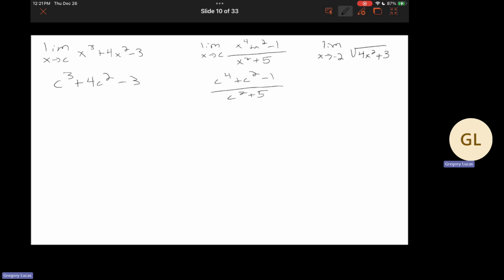And when we plug in c for these first two, we can imply that we plug in negative 2 now. So I'd have 4 times negative 2 squared plus 3. That would give me 4 times 4 is 16 plus 3, which would give me the square root of 19. So let's make sure we throw some equal signs in here as well.